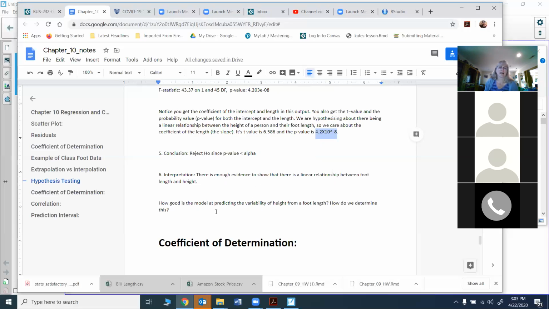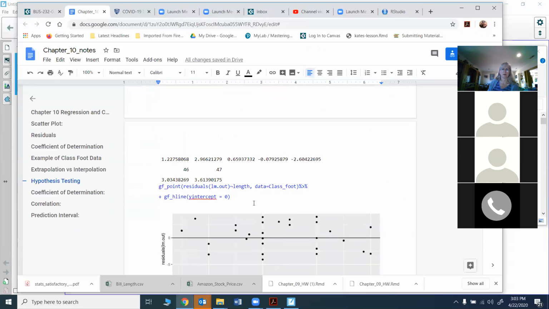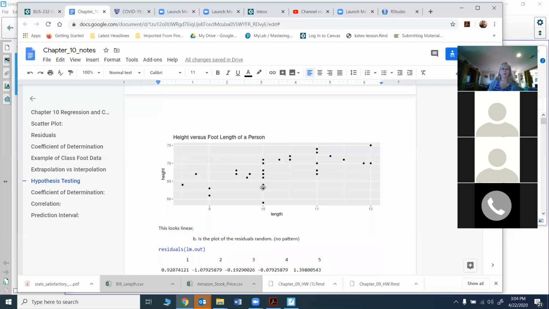Now the question is, how good is the model at predicting the variability of the height from a foot length? In other words, people who have the same length foot are not the same height. All these people here have the same length foot, but they are not the same height. This person's down here.